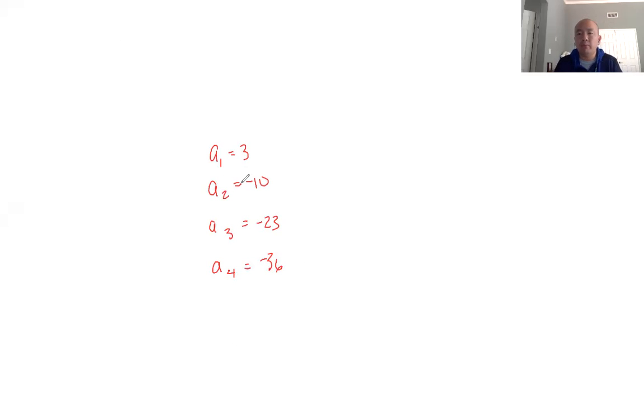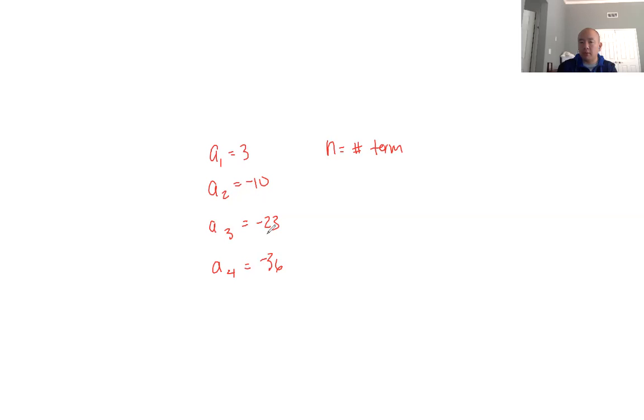What you really have to remember and understand is that n is the numbered term. So n is 1 here because this is the first term, n is 2 here because that is the second term, and n is 3 here because that's the third term.